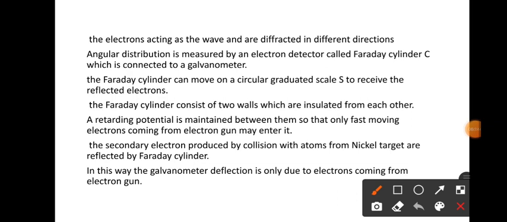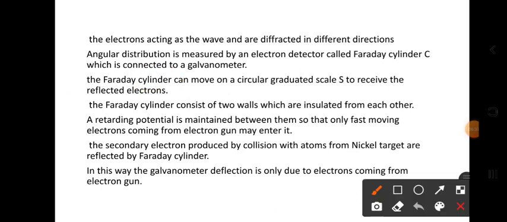Next point: the Faraday cylinder can move on a circular graduated scale to receive the reflected rays. Those rays will be received by the Faraday cylinder, which I have just shown.